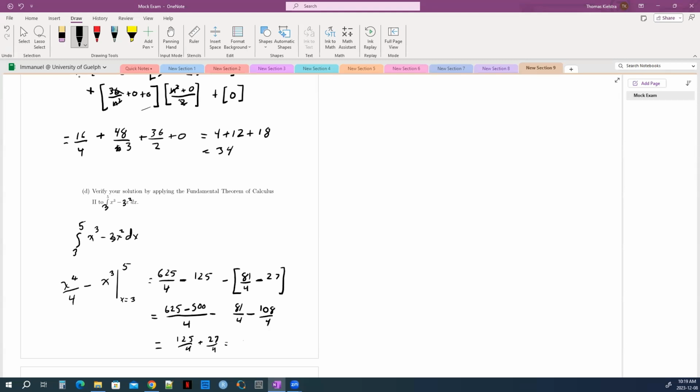Which is going to give us 152 over 4. And if we divide by 4, we get, oh, this is 32, sorry. 32, which gives us 8.